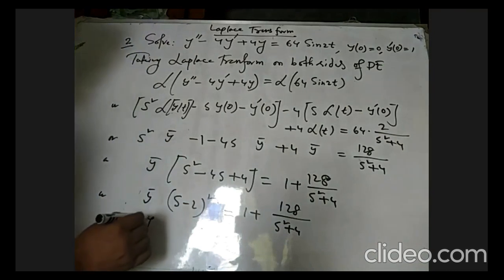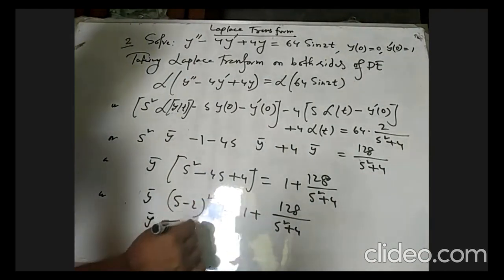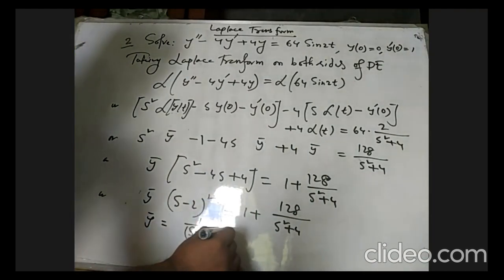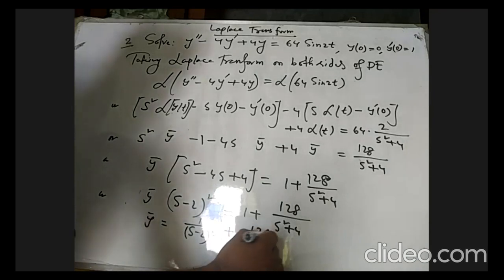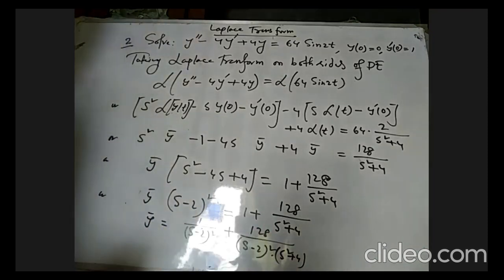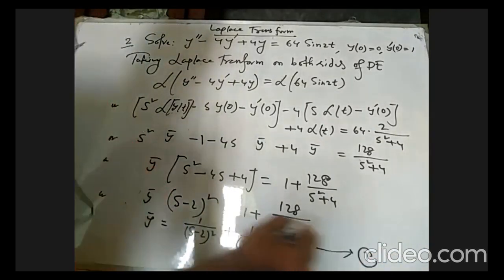So the Laplace transformation of y(t) can be written as 1 divided by s minus 2 whole square plus 128 divided by s minus 2 whole square into s square plus 4. This is equation number 1.